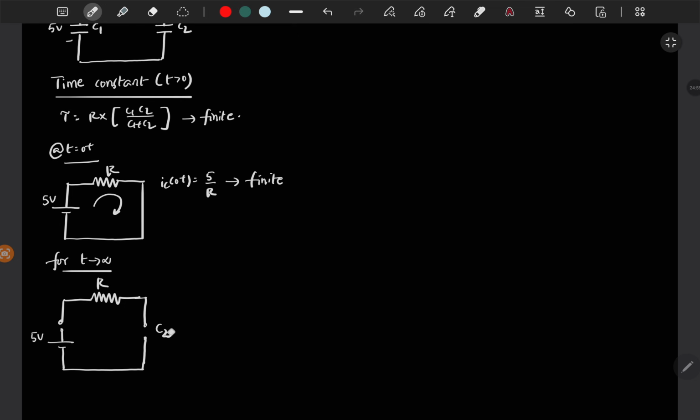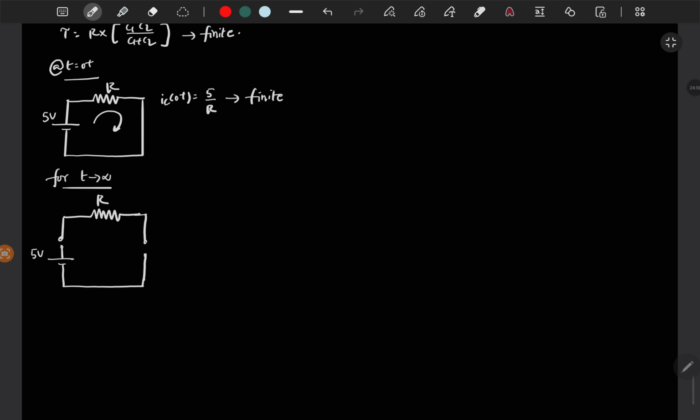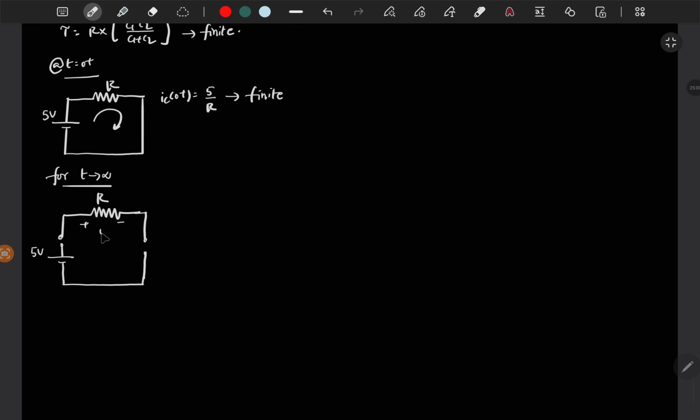So for t tends to infinity, the current is 0, and the drop is 0 volt. Now this is Vc2, right? Vc2 of infinity. So Vc2 of infinity is you have 5 volt, and if you find that this complete is Vc1, so Vc1 of infinity is equal to Vc2 of infinity. So both the capacitors will go to the same finite value, 5 times C1 by C1 plus C2, which is the same as Vc1 of infinity.